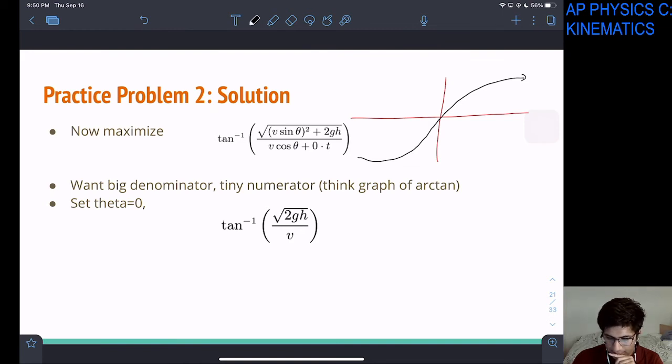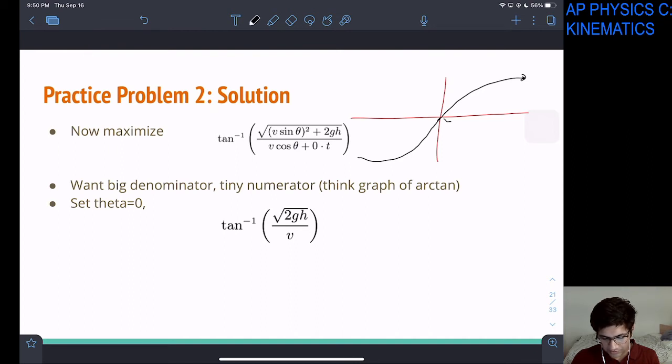Well, we want a big number over here. We have a fraction. So this can go either way. If we have a big denominator and a tiny numerator, then our expression will go to 0.